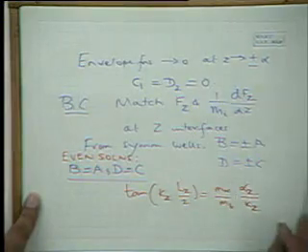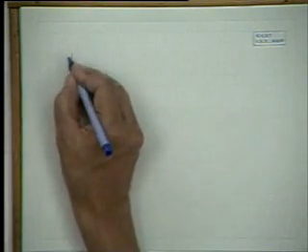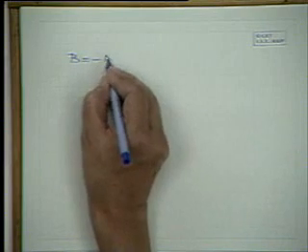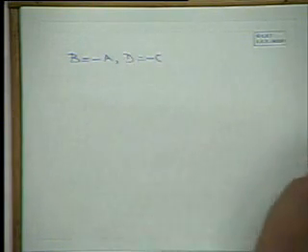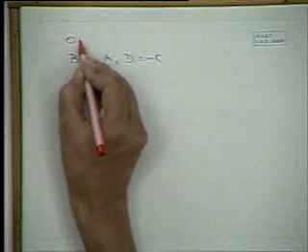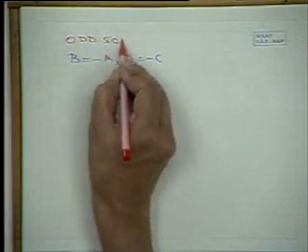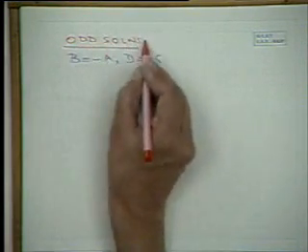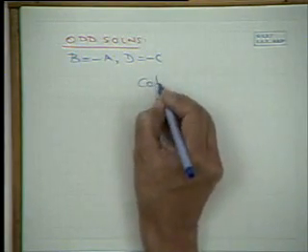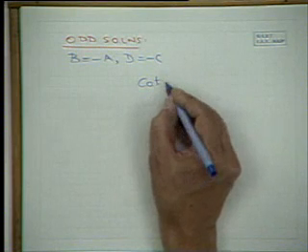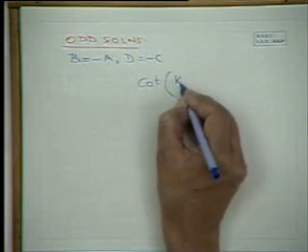And for odd solutions, the case is B is equal to minus A and D is equal to minus C. It's even or odd symmetry, that is all that is meant.